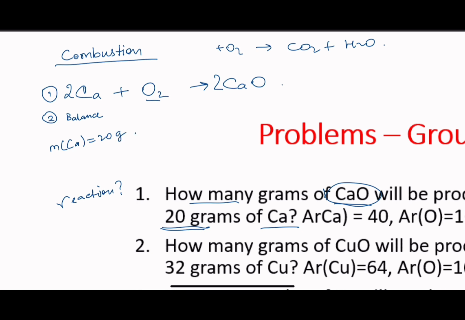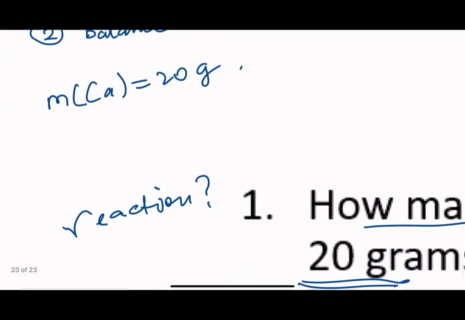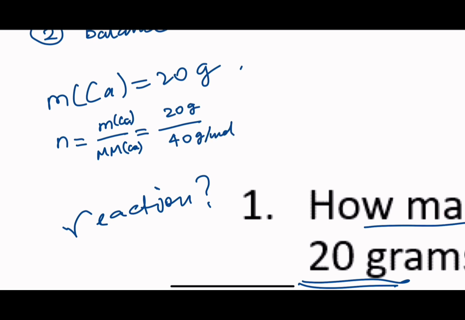Okay, so we're gonna go back and find, using the formula, we'll say okay, n equal to m over molar mass, and you check the molar mass of calcium. So this is calcium and calcium. You check the molar mass of calcium, it is 40, and this is 20 grams per 40 grams per mole, and then this is gonna be 0.5 mole.